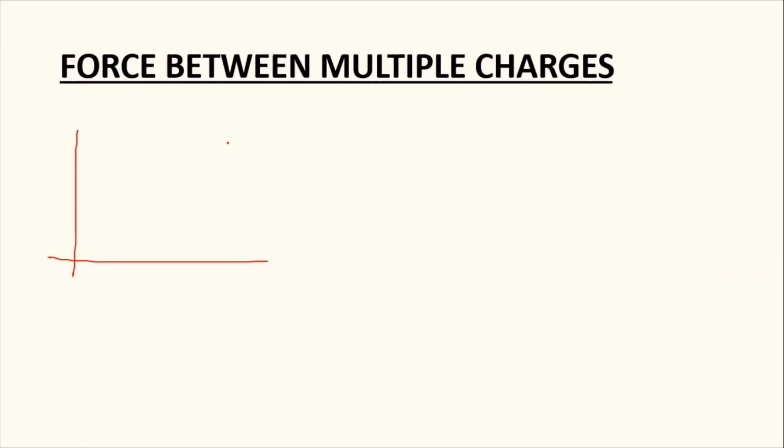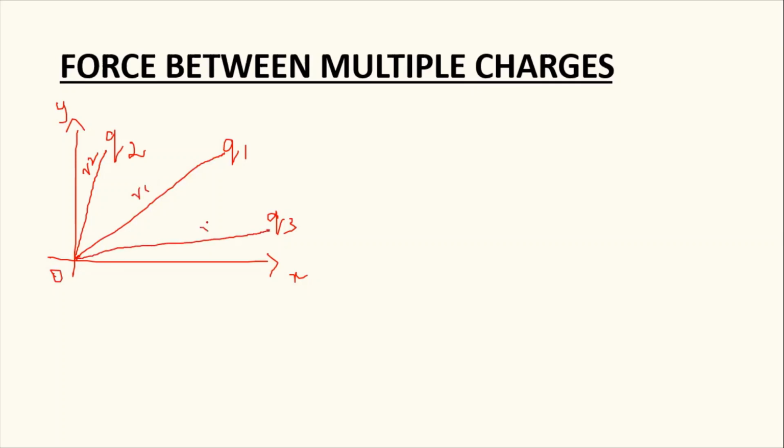We'll take a charge Q1 here, another charge Q2 here, and another charge Q3 here. Now we have to mark the distance from the origin. This is your origin. The distance between the origin and Q2 can be taken as R2, Q1 and origin is R1, and Q3 and origin is R3.